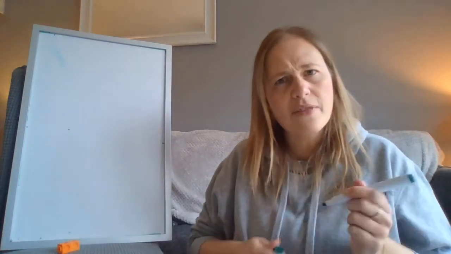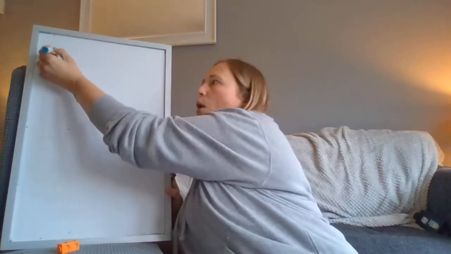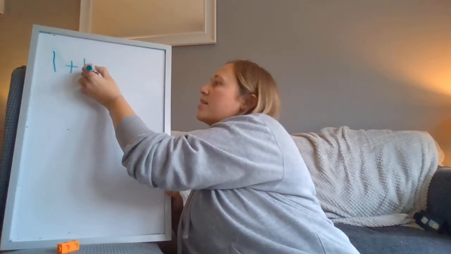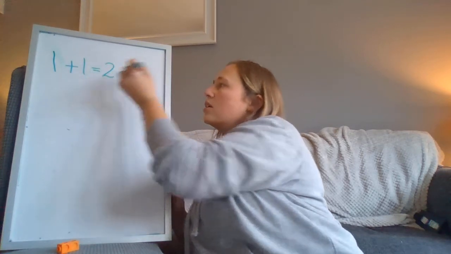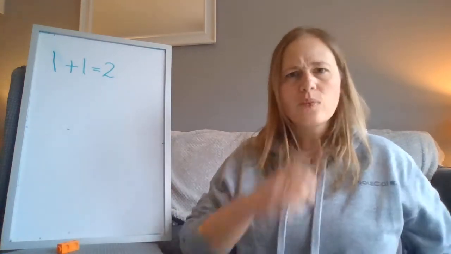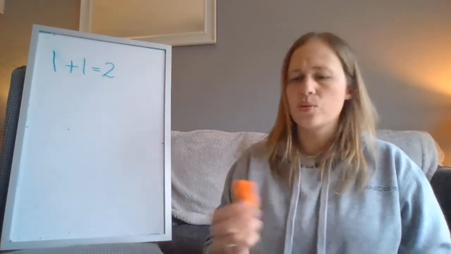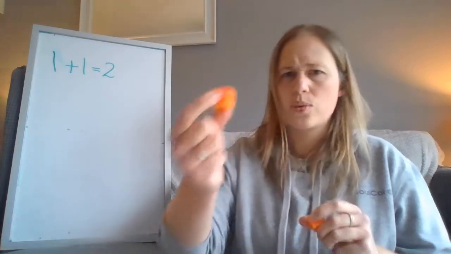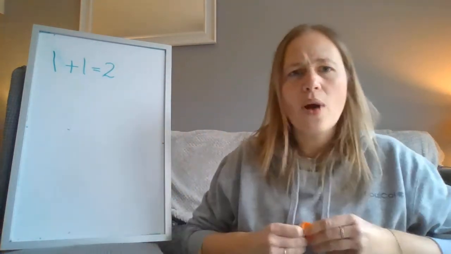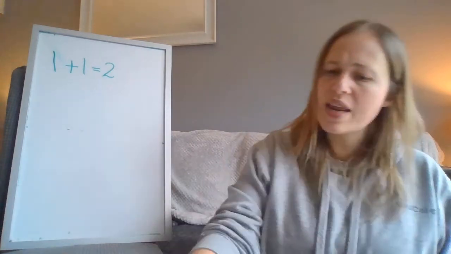I'm going to write it on my board. Do you think you could have a go at writing that too? 1 add 1 is the same as 2. 1 add 1 is 2. Well, if I know that number 2 is actually broken down into 1 and 1 is 2, I wonder what happens to number block number 3.